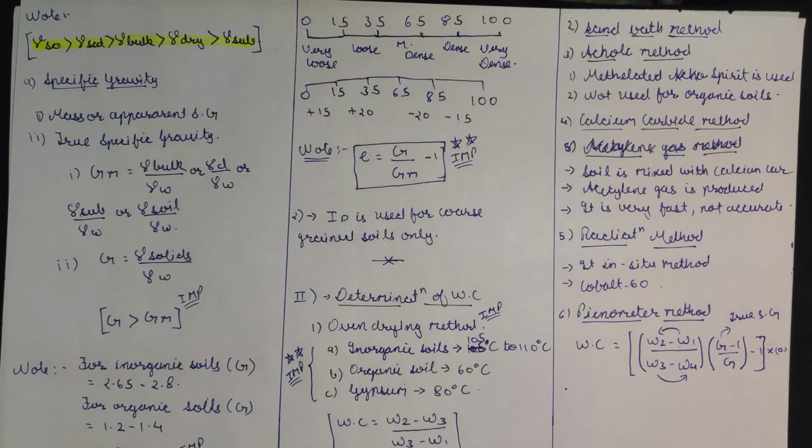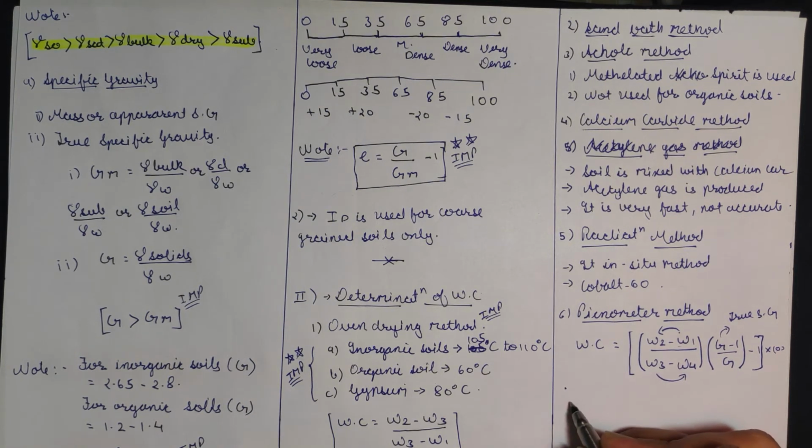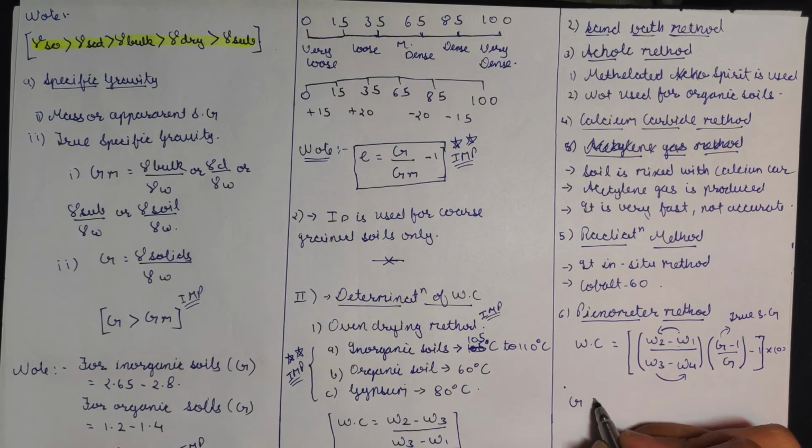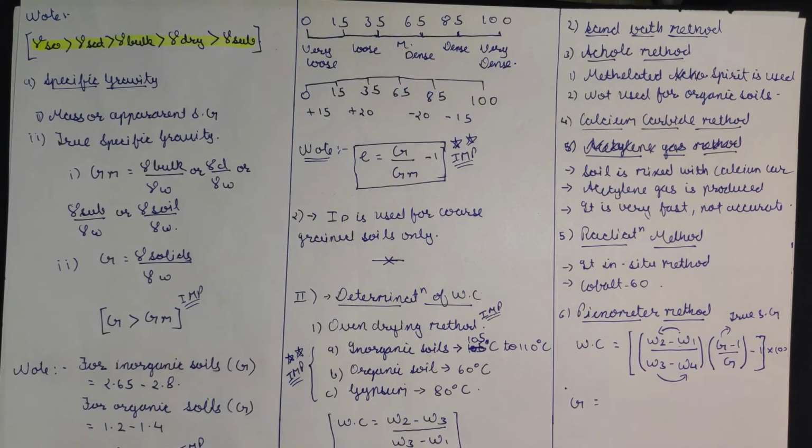By using the pycnometer method, we can also find the specific gravity of the soil. It is also an important question asked in the examination, how we can find the specific gravity of the soil using the pycnometer method. The procedure is the same as for the water content, but the formula is a little bit different.